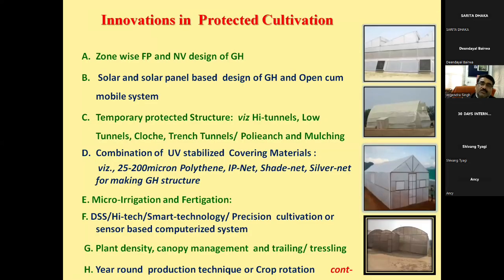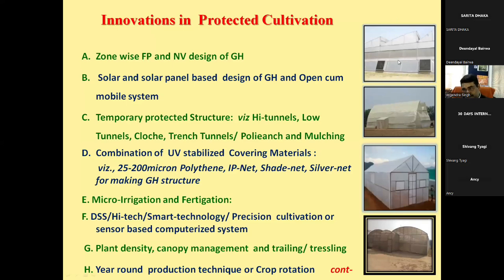Now you can see here the different innovations in protected cultivation nowadays. A lot of innovation under protected cultivation. You can see different types of structure. Now the Indian farmer adopts these types of structures, and the Government of India, the Ministry of Agriculture, and the Department and Directorate of Horticulture provide these types of structure designs.